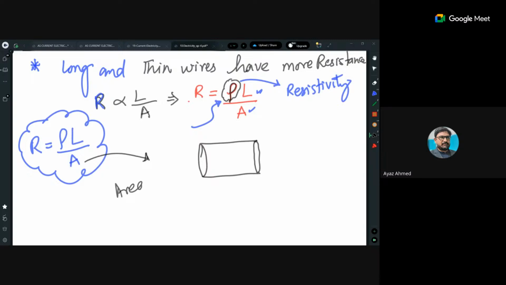The area of cross section is actually dependent upon the diameter, isn't it? So if I say that this is the diameter, then what will be the area of this section? Area is equal to pi r square, isn't it? Yes. So this is the radius.